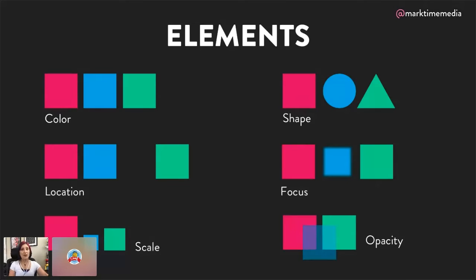We can animate the shape of something. We can transition one shape into another shape. We can animate the focus through whether it's fuzzy or sharp. And we can also animate the opacity or transparency of something, so whether or not you can see through it, whether or not it's solid. These are all different elements that we have control over in animation. And by combining these in a lot of different ways, we can create some very, very compelling interactions.